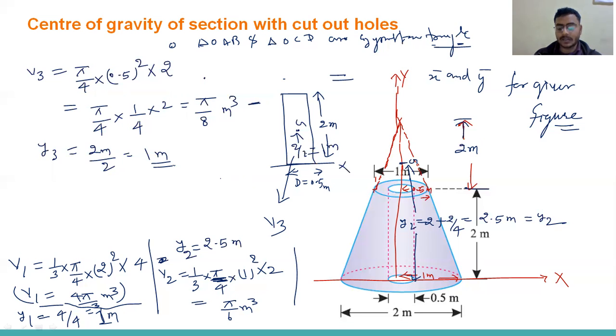Similarly, we have calculated y2 from the x-axis for the second right circular cone with a smaller diameter. Then we have calculated y3 for the cylinder from the x-axis. So now we have v1, y1, v2, y2, v3, y3.